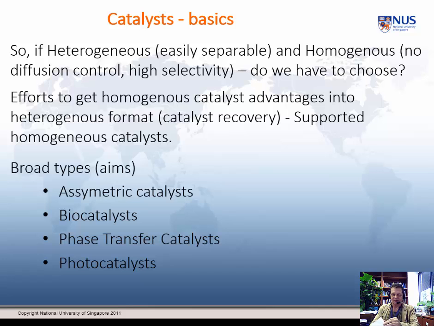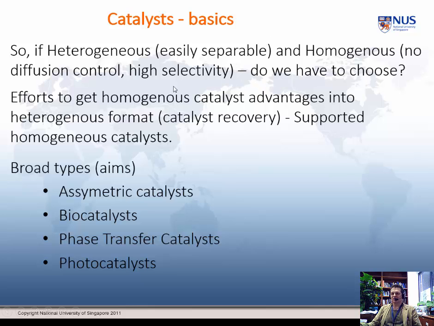Okay, so we've looked at the differences briefly. Why do we have to choose? I said quite carefully the two types of catalysts have different types of advantages. Now, that is actually a good question, why choose?